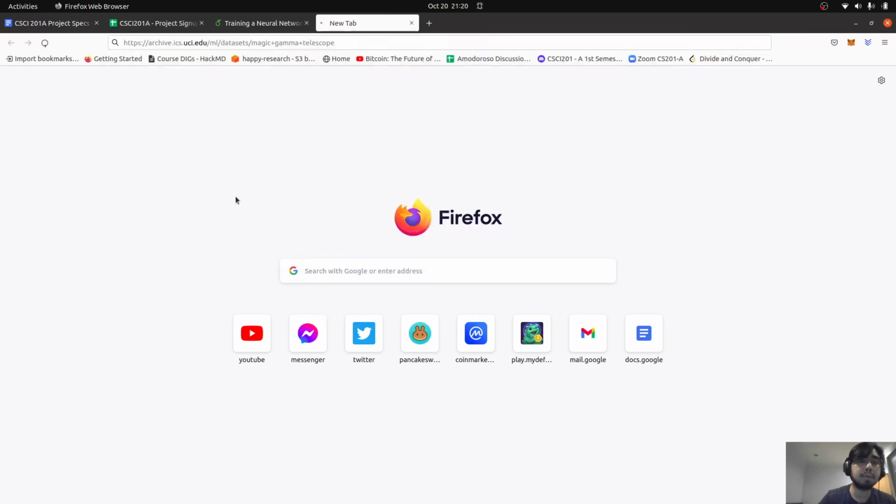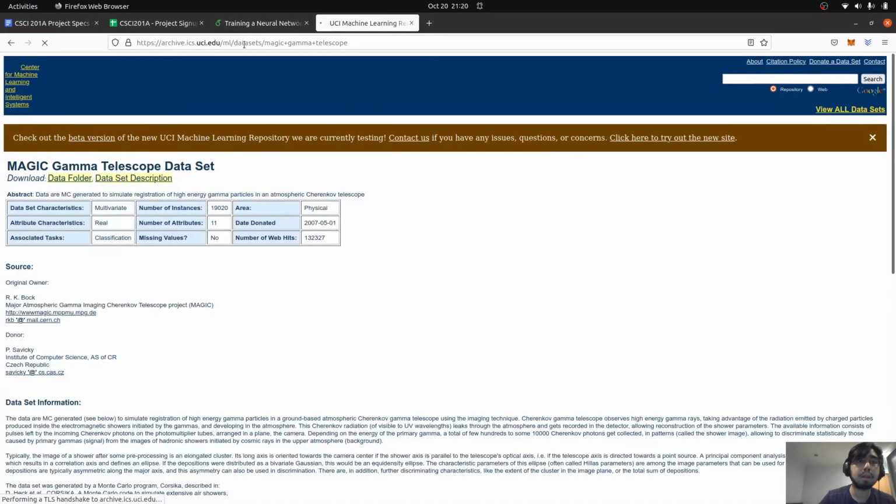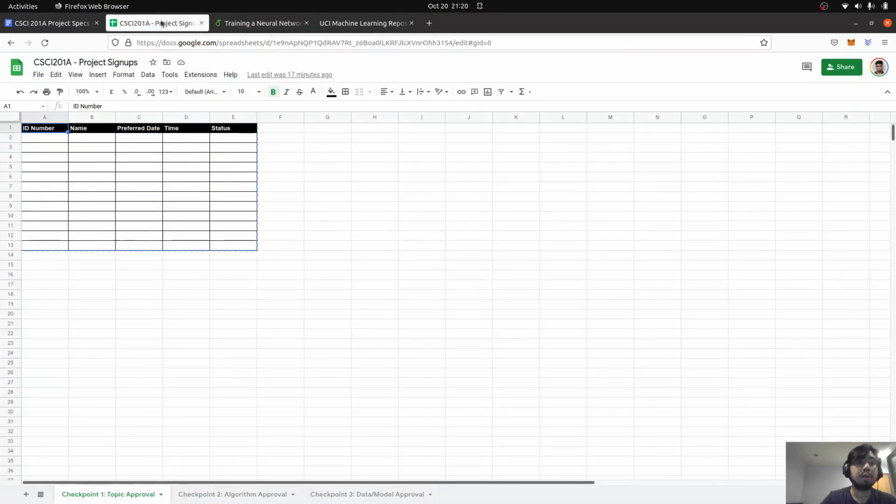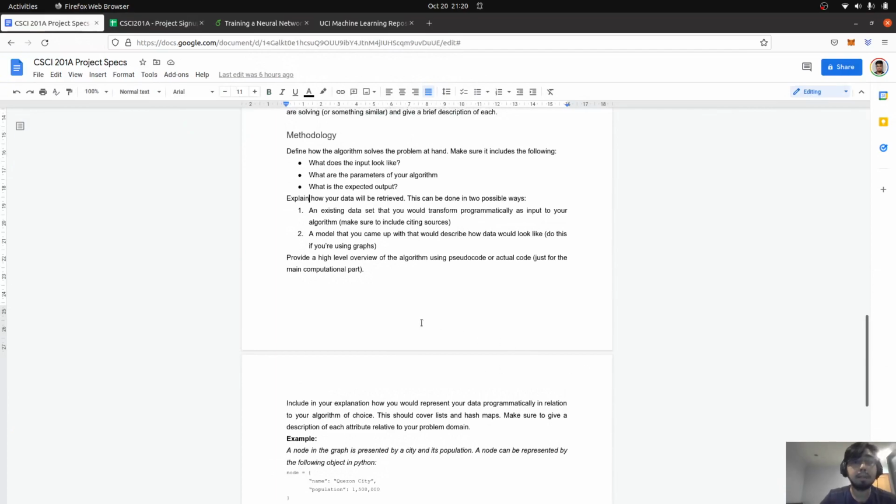Machine learning repository, for example, then make sure to cite it, and make sure that you understand each feature that is described in the data repository. Usually there are descriptions for that, so feel free to include that in the paper.